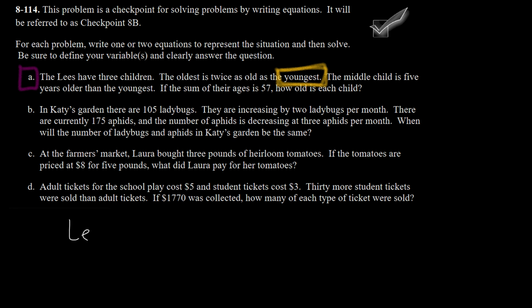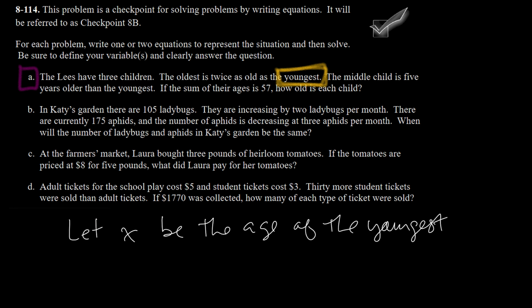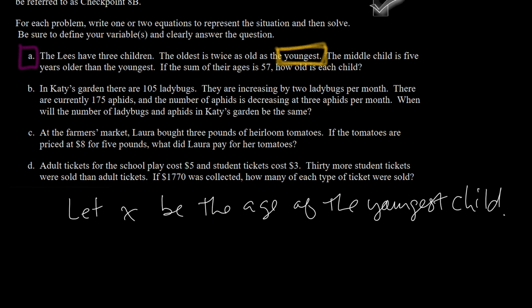Let x be the age of the youngest child. The oldest is twice as old as the youngest, so 2x is the age of the oldest child.